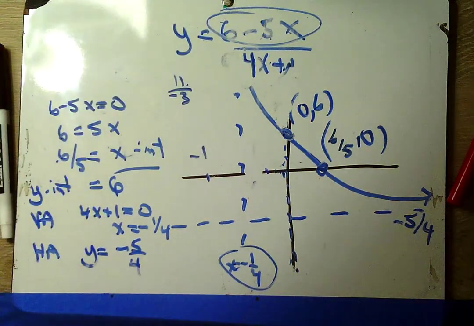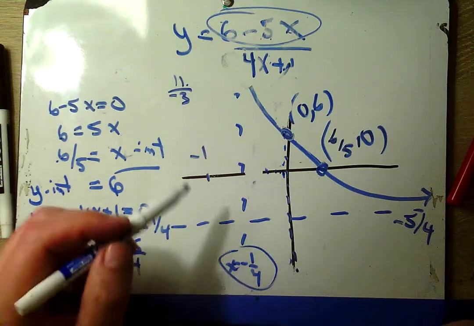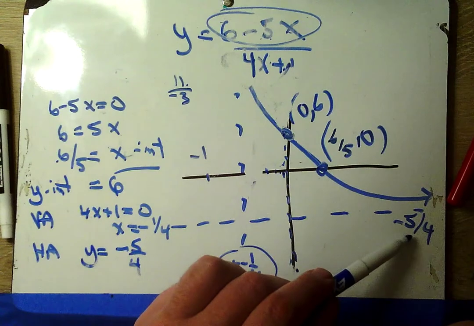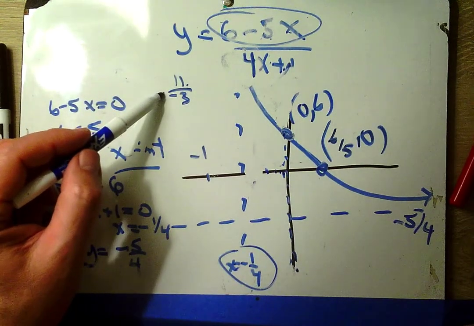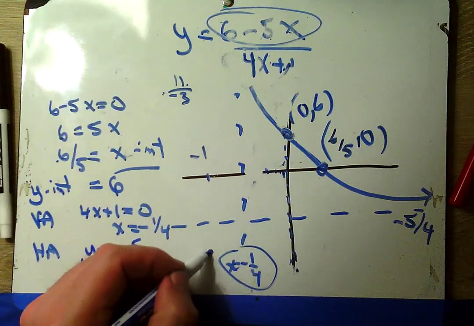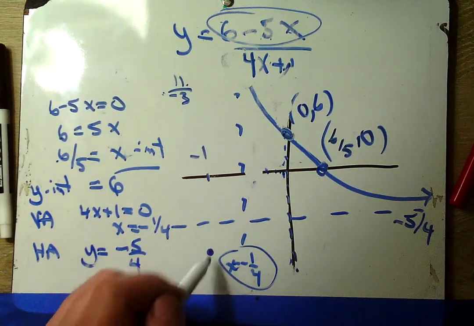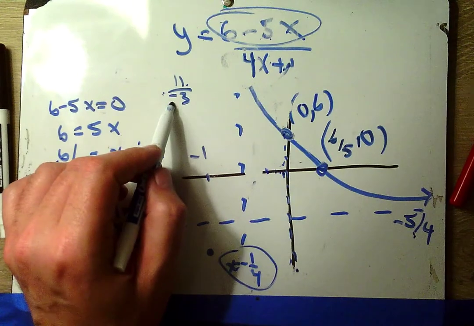Well, so here's what I'm sort of feeling uncomfortable about. I'm expecting a number that's bigger than negative 5/4, but this is more than negative 3. Can that work? Yes, it can. It's down here, below this. This is negative 1.25. This is negative 3.66.